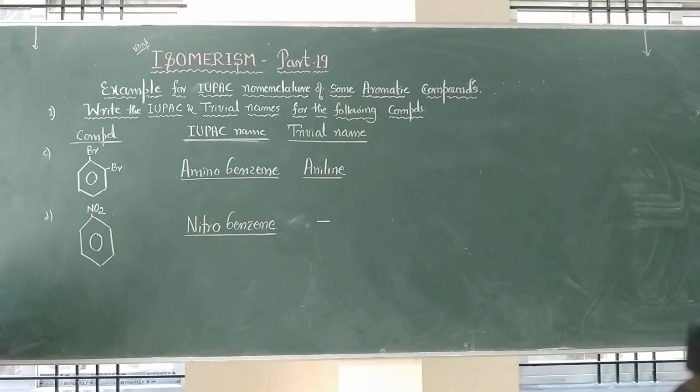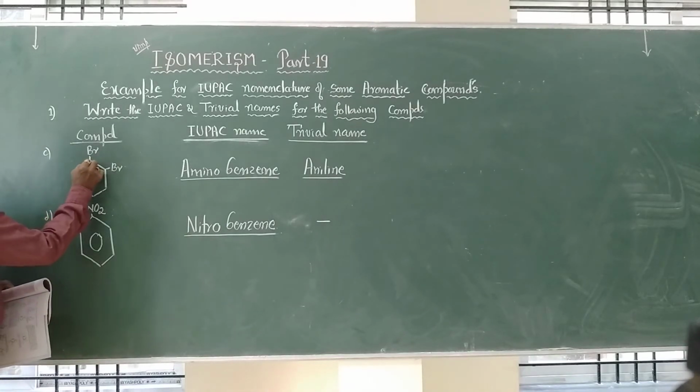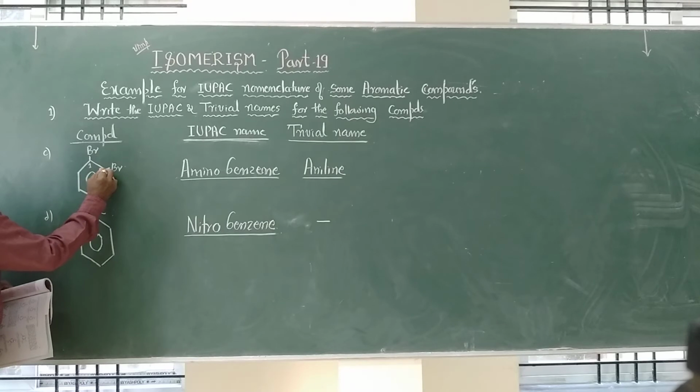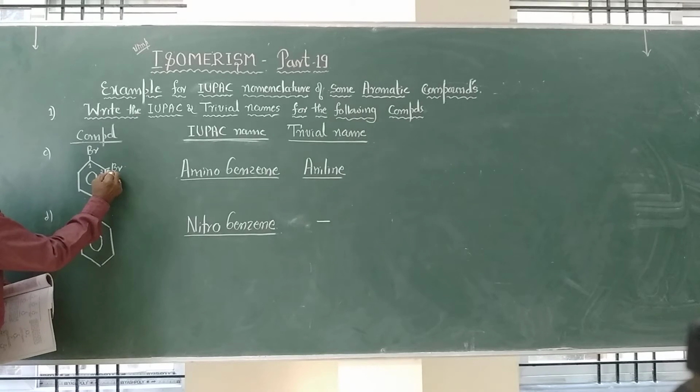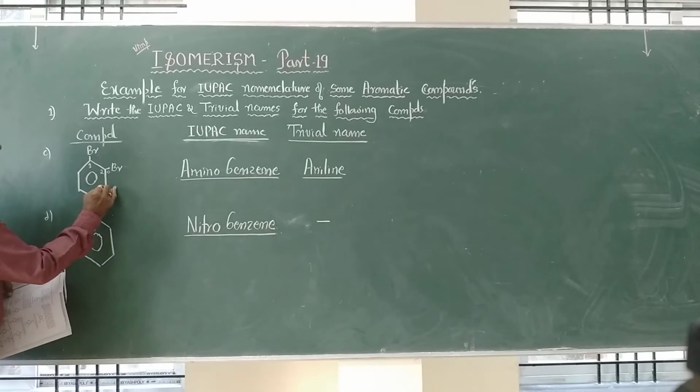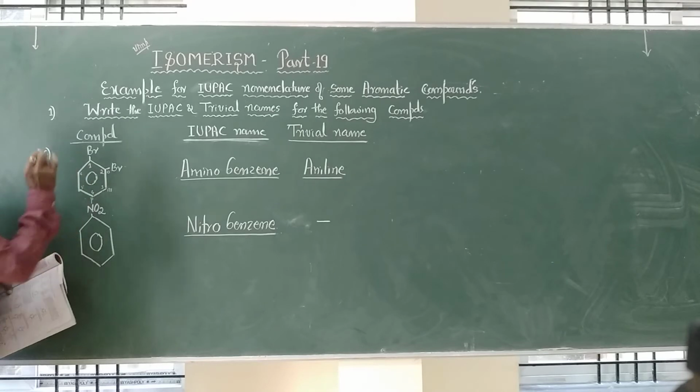That will be number 1. If this is number 1, this will be number 2. Then according to rules, this will be ortho position, this will be meta, and this will be para. And numbering will be 3, 4, 5, and 6.